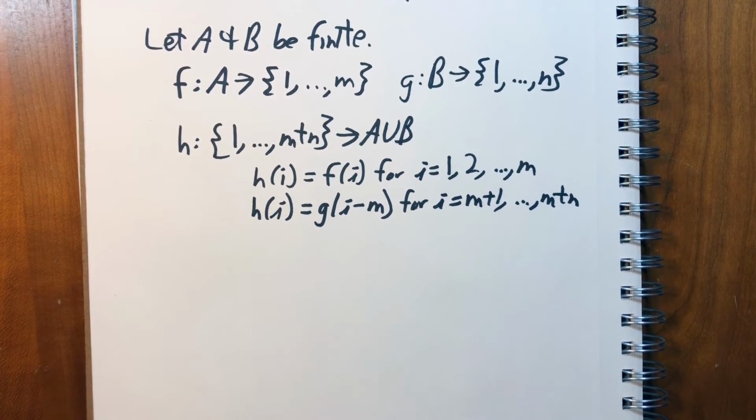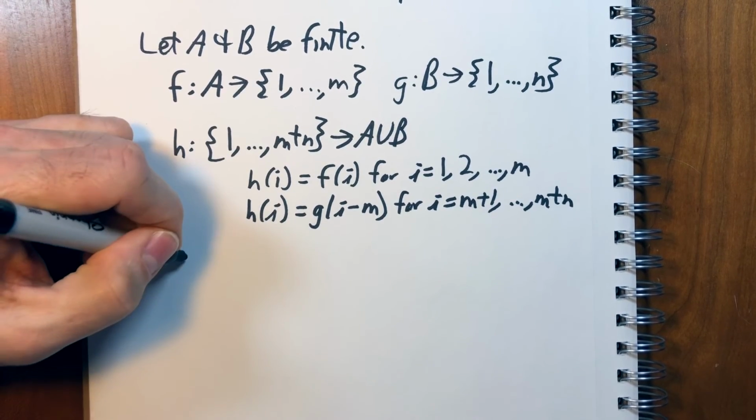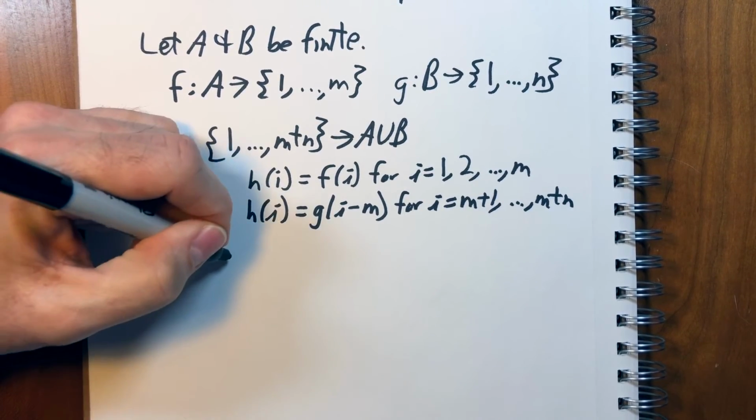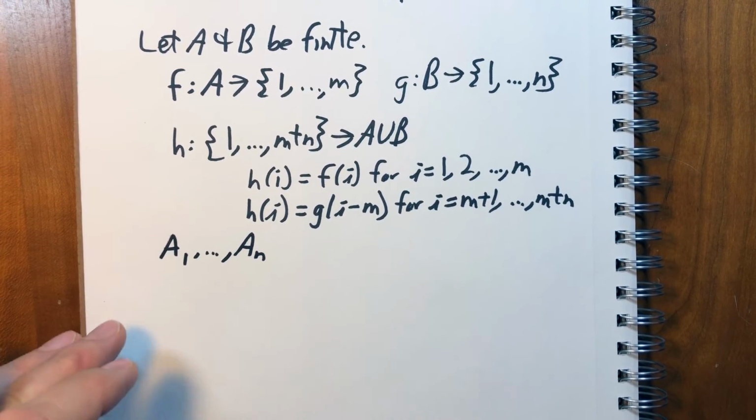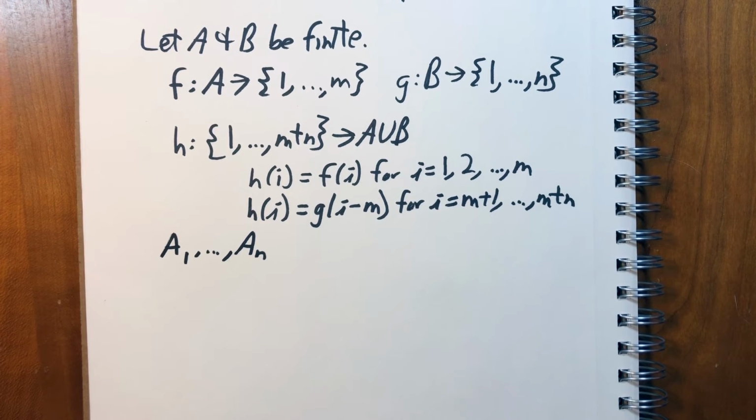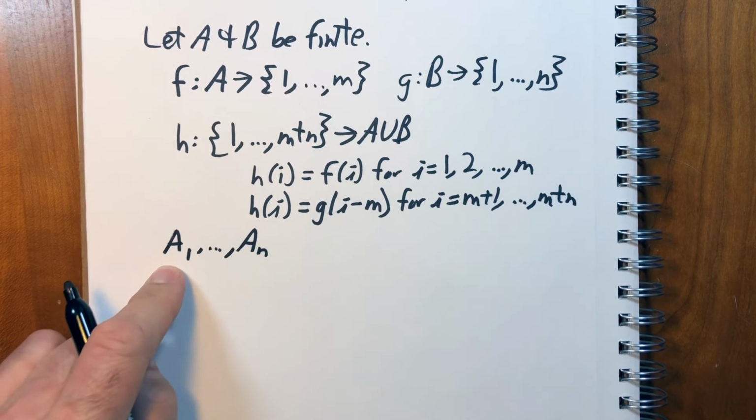So now we can use induction to show that if the sets A1 up to An are all finite, then their union is going to be finite as well. It's obvious if n is 1.